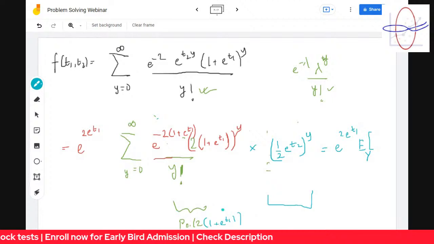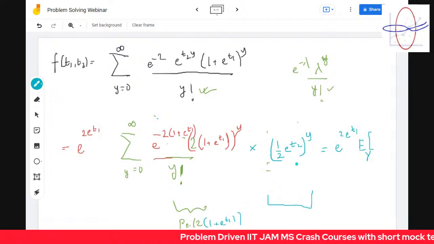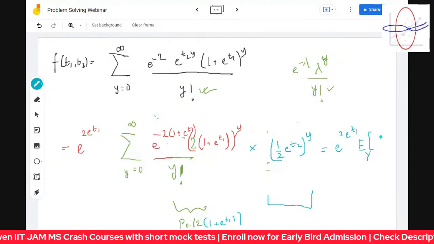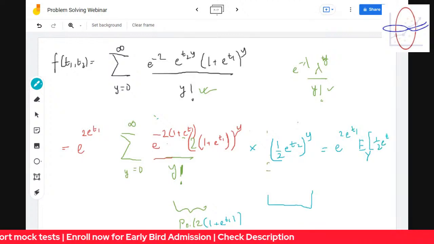Actually, this is not y. But you can define it as something else. Okay, y actually follows this, so you can define it as half into e to the power. Fine, done.